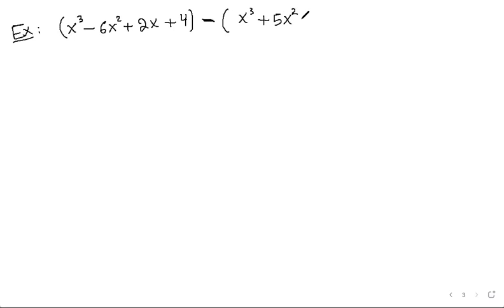For example, let's subtract x to the power 3 minus 6x squared plus 2x plus 4 minus x cubed plus 5x to the power 2 minus 7x.